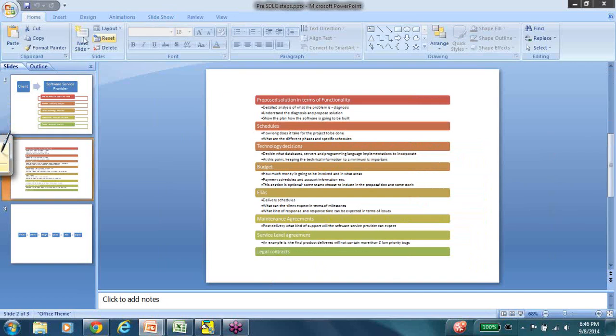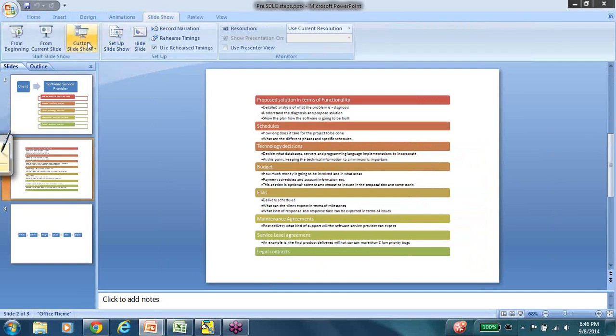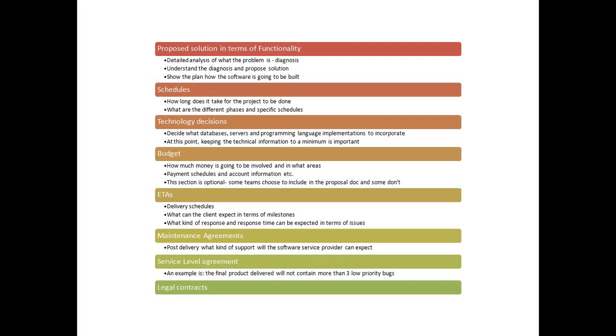Following which, each software service provider will prepare what is called a proposal document, and the proposal will have all this information. It will have the solution, schedules, technology details, budget, ETAs, maintenance agreements. All kinds of agreements and legal contracts will be a part of this proposal document.